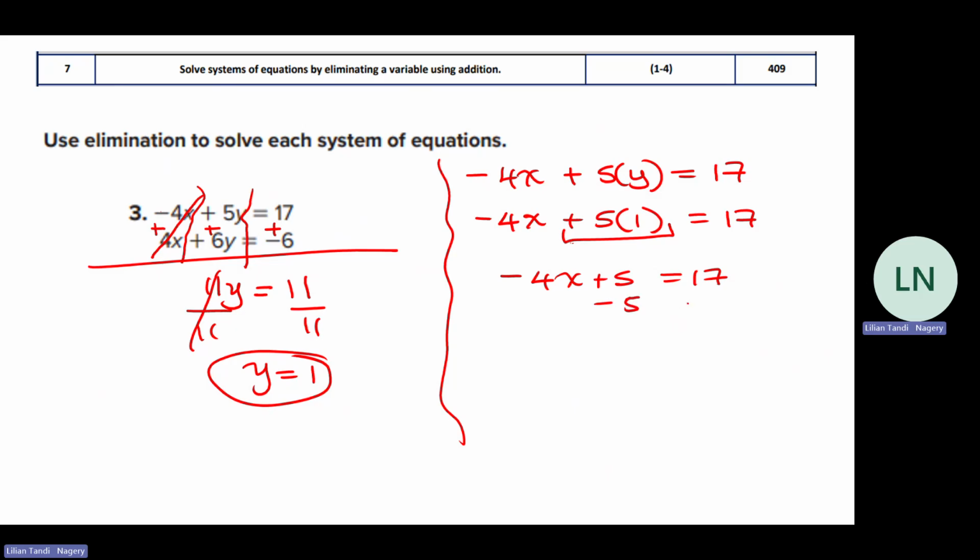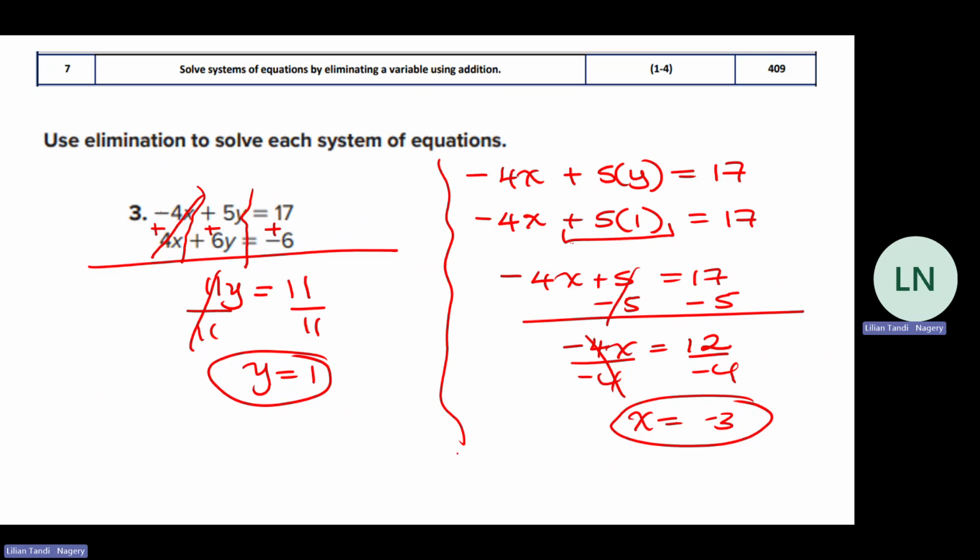I will minus 5 on both sides. Negative 4x equals 12. I will divide both sides by negative 4. X is negative 3. X comes before y. So this will be negative 3, 1. And I will box my answer.